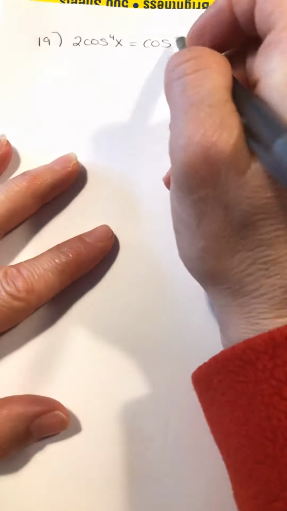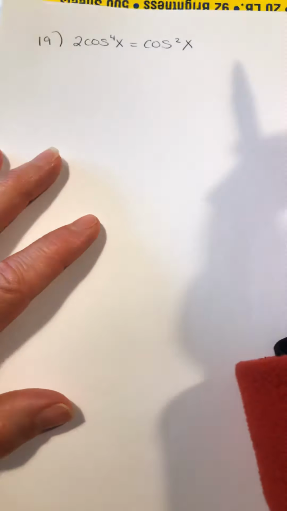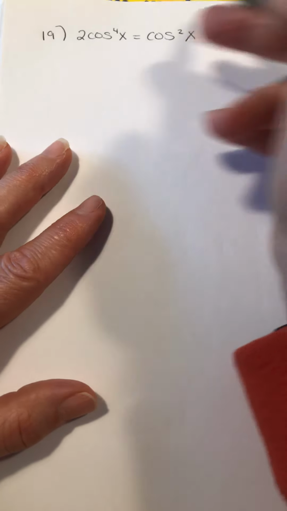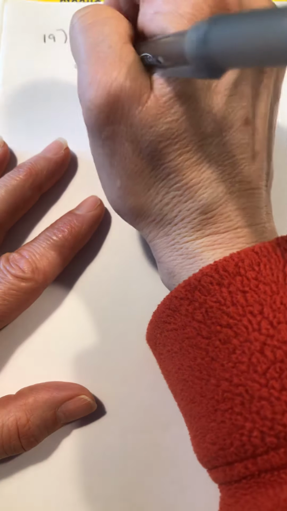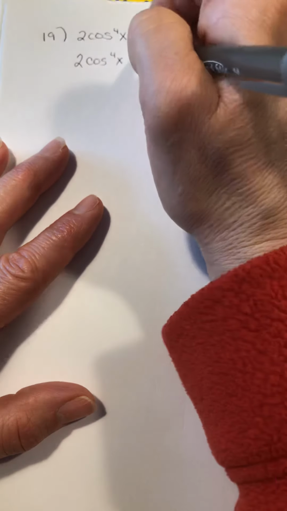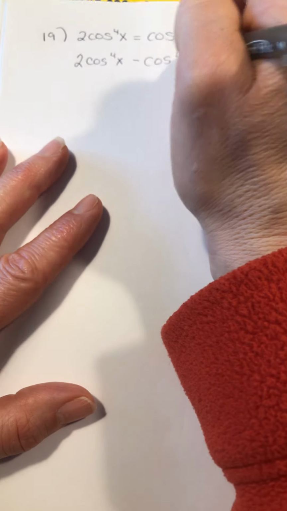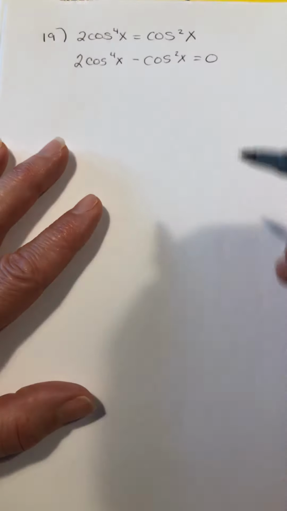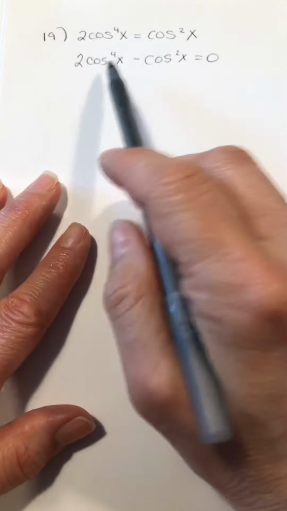This is number 19. 2 cosine to the 4th power of x equals cosine squared of x. I'm going to bring this over to the other side, get everything on one side of the equation. So we have 2 cosine to the 4th power of x minus cosine squared of x equals 0. And we can factor here again.